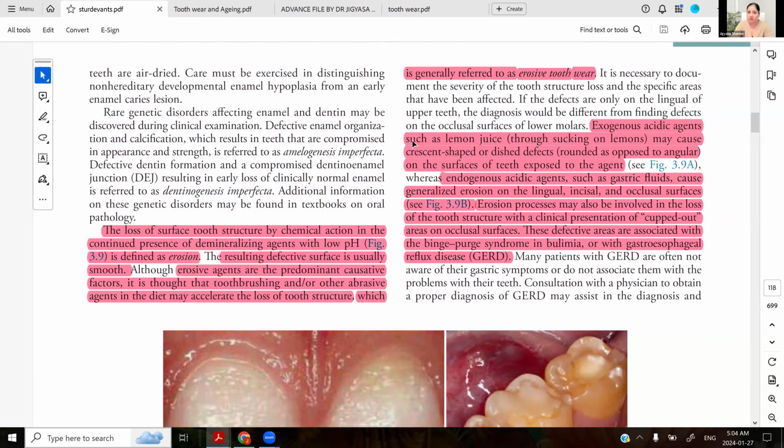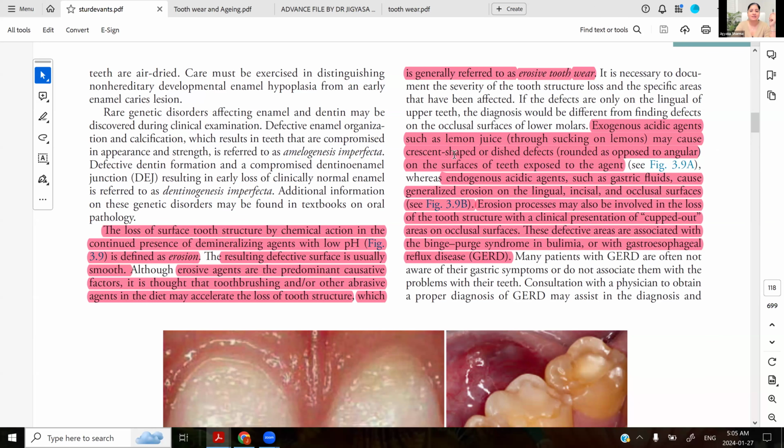So these days it is mostly known as erosive tooth wear, right? Because erosion is the predominant cause which softens the tooth surface, and then attrition, because of age or parafunctional habits, or abrasion due to toothbrushing, gets exaggerated.